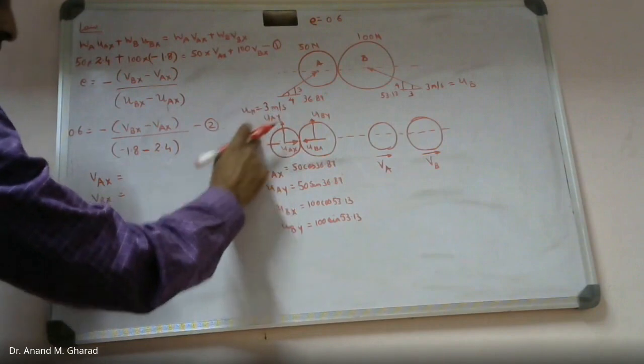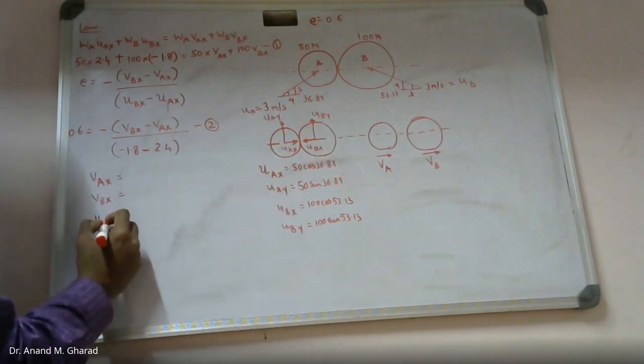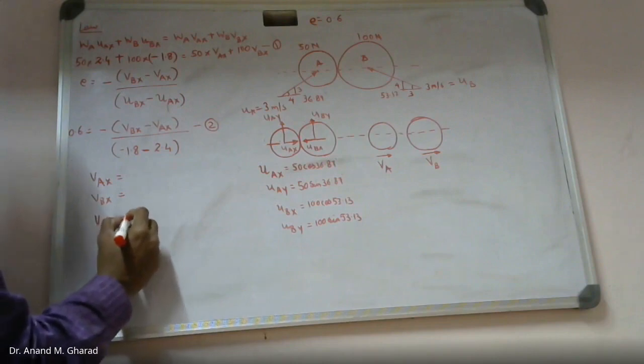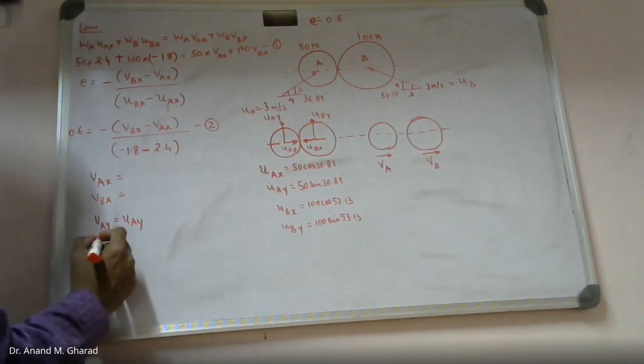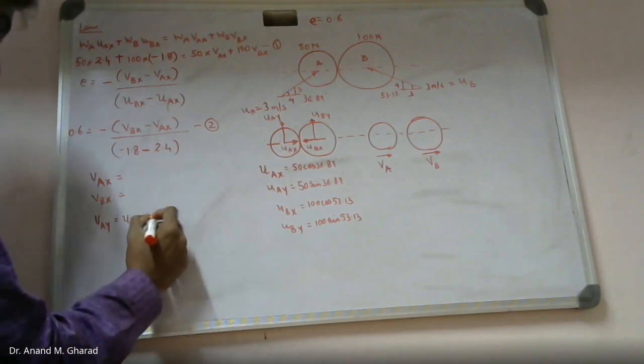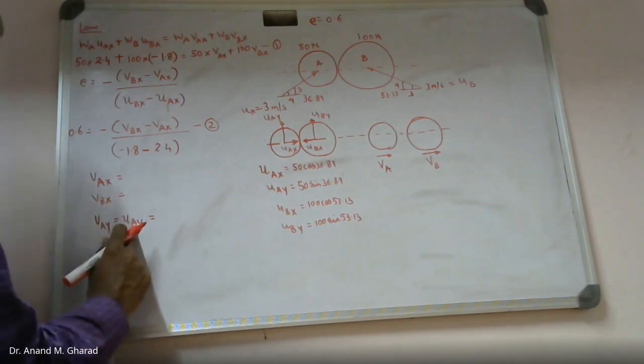So over here, what you can say, VAY is equal to UAY. There is no change as far as the y direction is concerned. There is no change in the velocity, and therefore final velocity will be equal to initial velocity.